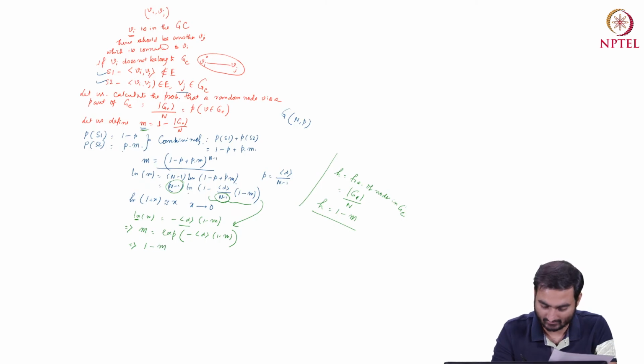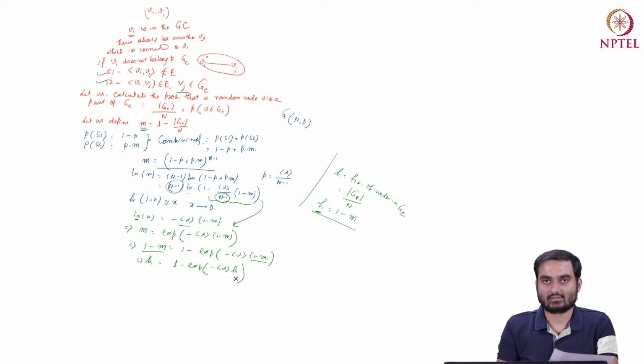So you will have 1 minus M equals 1 minus exponential of this. What is 1 minus M? This is h. So h equals 1 minus exponential of minus D times h. This is also h.